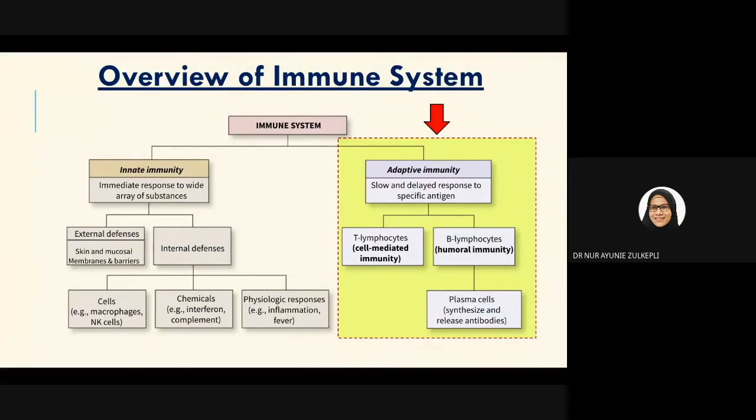Cell-mediated immunity mainly involves the T lymphocyte cells, and initiation of the T lymphocyte will initiate further immunological response, right? But for today, in humoral immunity, the main cells involved are the B lymphocytes, which later differentiate into plasma cells that are able to synthesize and release antibodies.